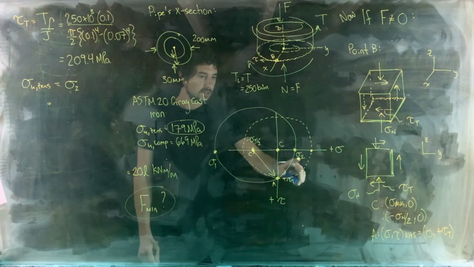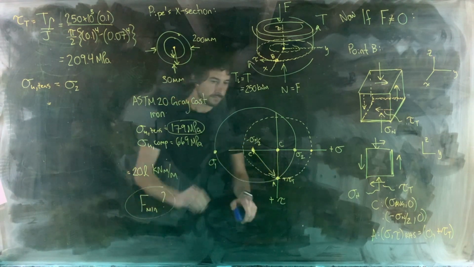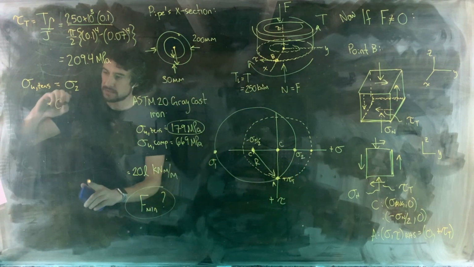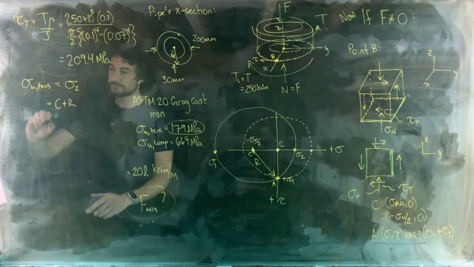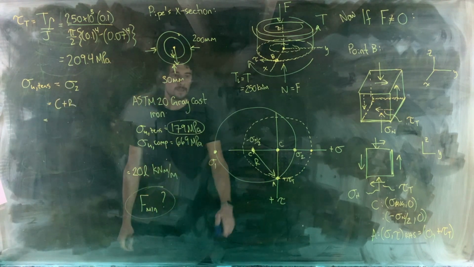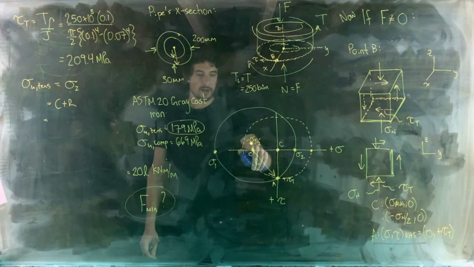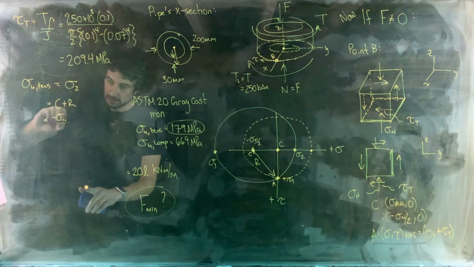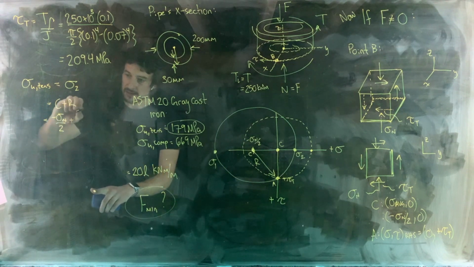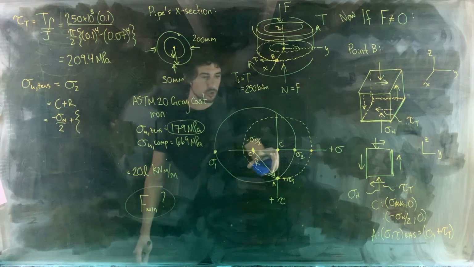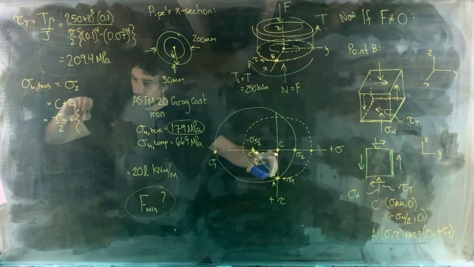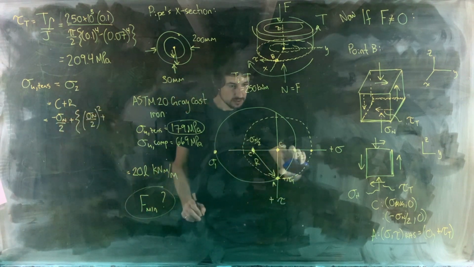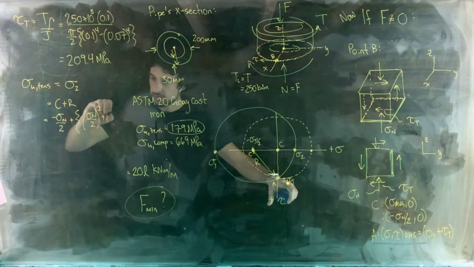Sigma 2 is the center of the circle, C, plus the radius, C plus R here. Okay, and then the center of our circle is what? Minus sigma n divided by 2. And then our radius is the square root of sigma n divided by 2 squared plus our value of tau t.